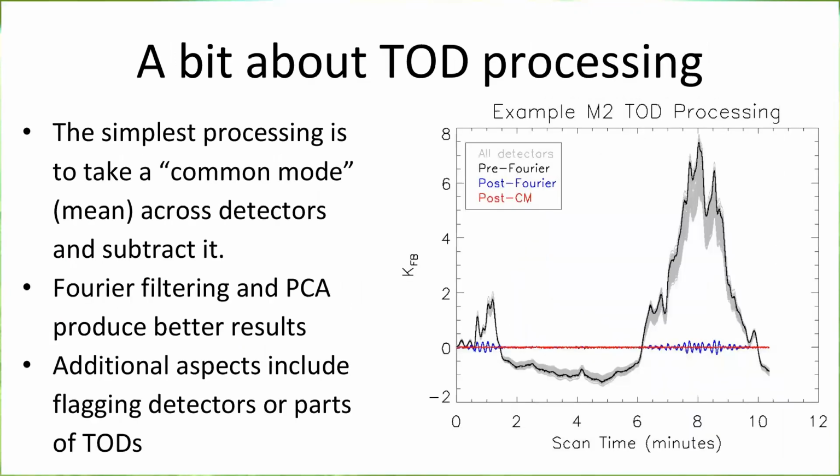And so now to really get into why recovering scales beyond the instantaneous field of view is difficult is that the basic data processing strategy is to remove a common mode across the detectors, right? We have over 200 detectors, and the majority of the signal that they're seeing is the atmosphere.